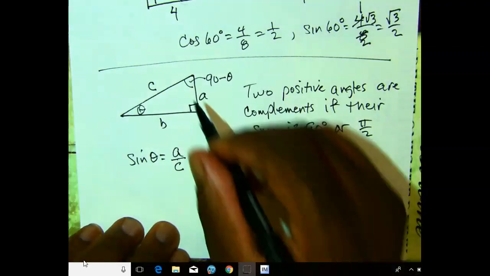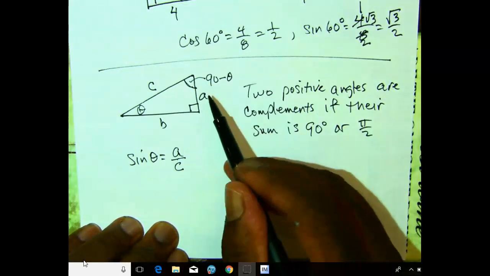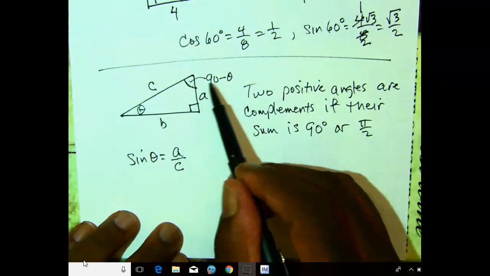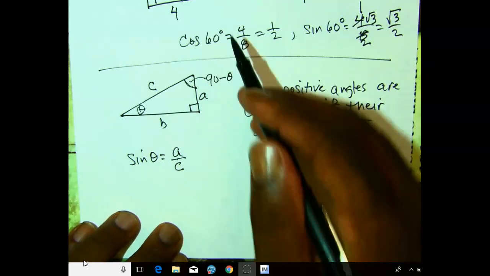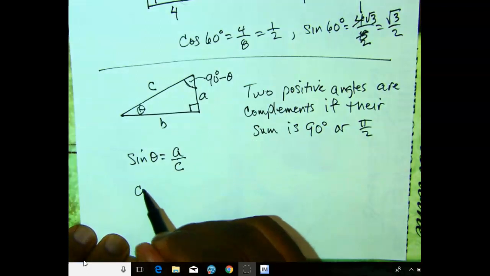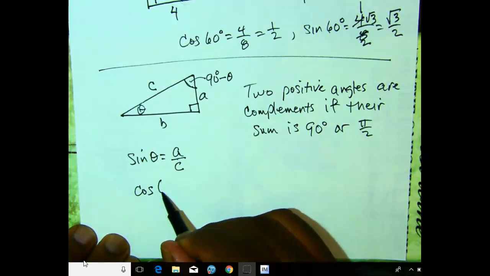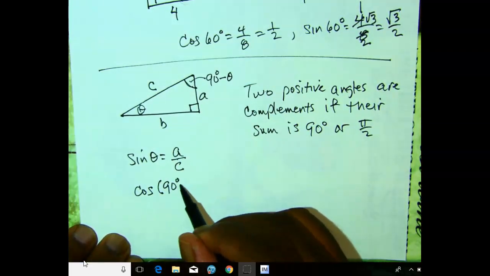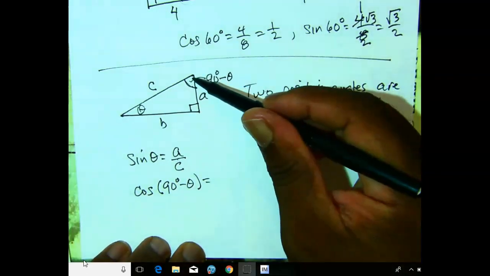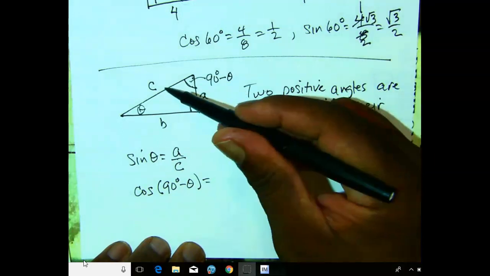But if we were to look at this angle from the perspective of the angle up top here, whose measure is 90 degrees minus theta, then the cosine of the 90 degrees minus theta angle is adjacent divided by hypotenuse.